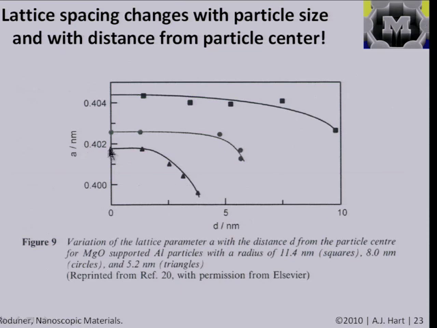It shows that at the edges of the particle, the lattice spacing is smaller than in the center because you have more of a local effect of this surface pressure. So there are manifestations of this surface stress in changing the positions of the atoms and what they're locally feeling. So there are certainly differences between what the surface atoms feel and what the bulk atoms feel as well.